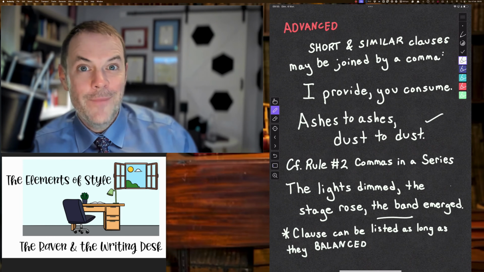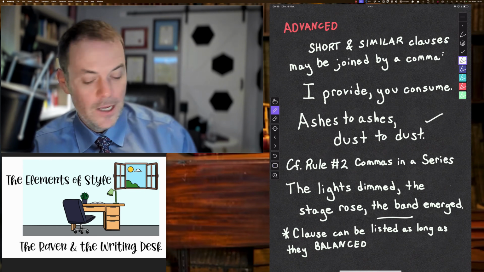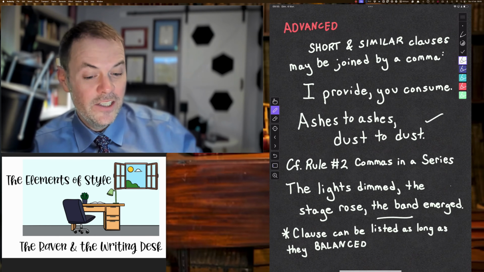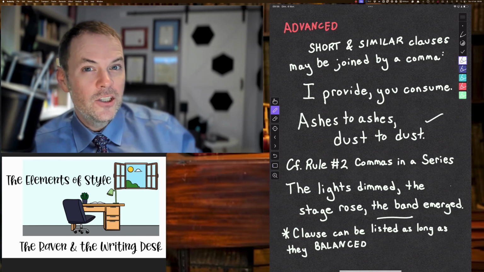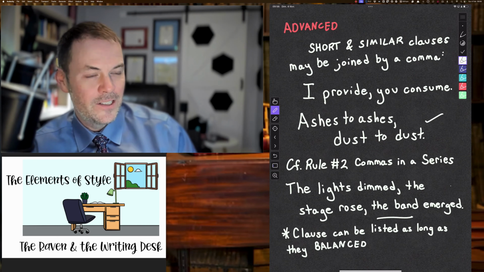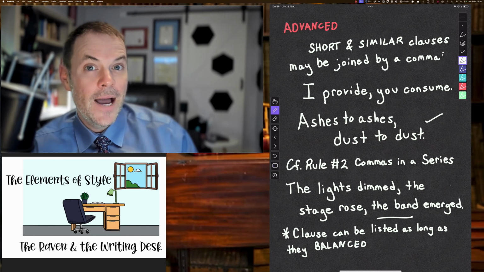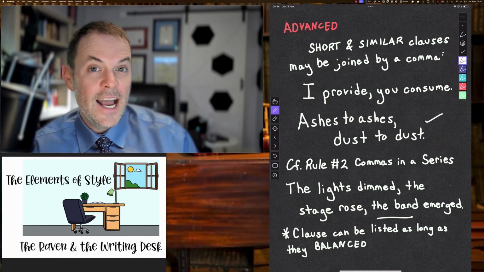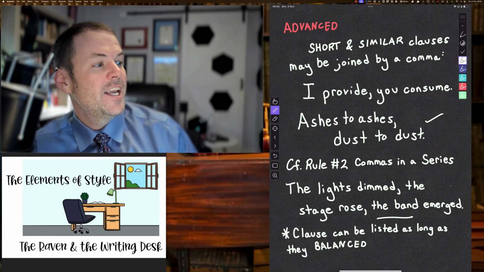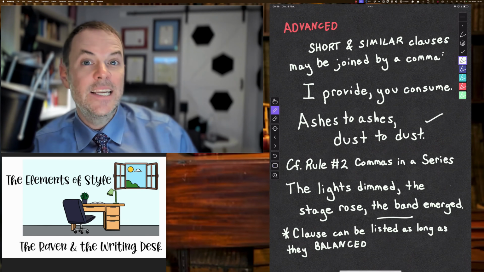This is all part of the magic of the English language. Now, interesting point, if we cross-reference rule number 2 and we talk about using commas in a series, we can actually use rule number 2 to violate rule number 5 a little bit. As long as we have balanced sentences, we can actually list off independent clauses. For example, the lights dimmed, the stage rose, the band emerged.